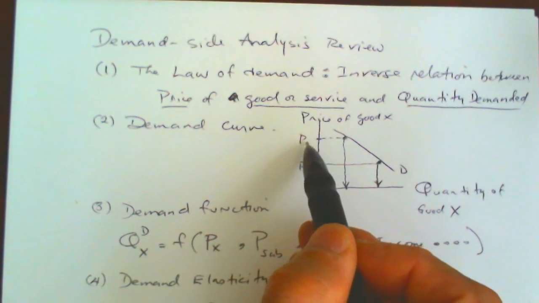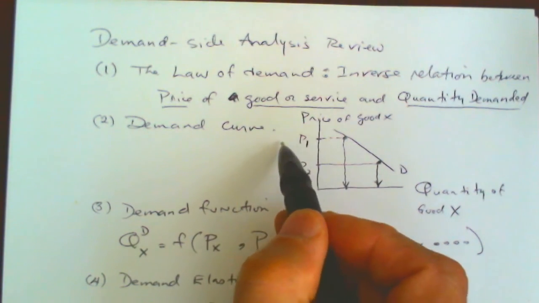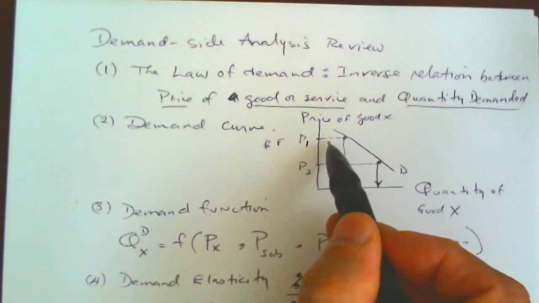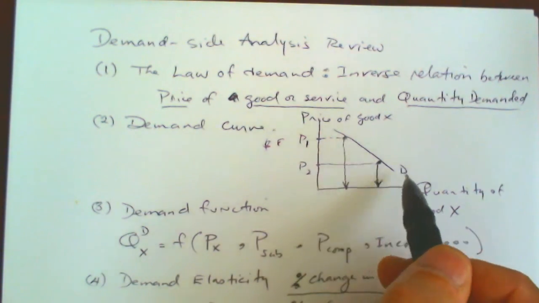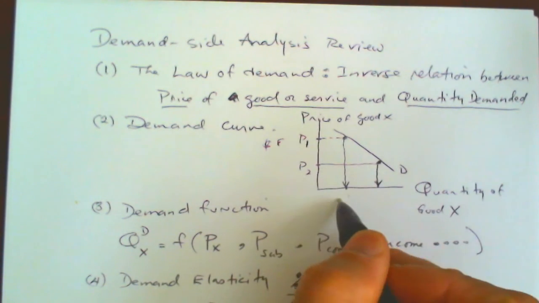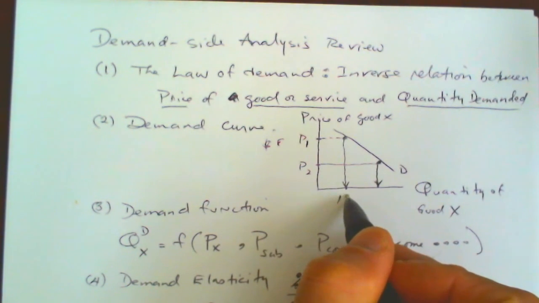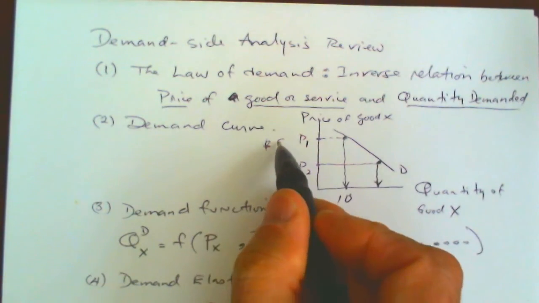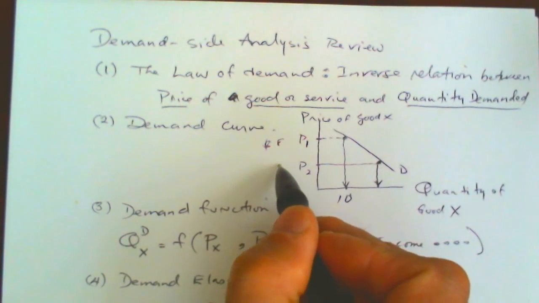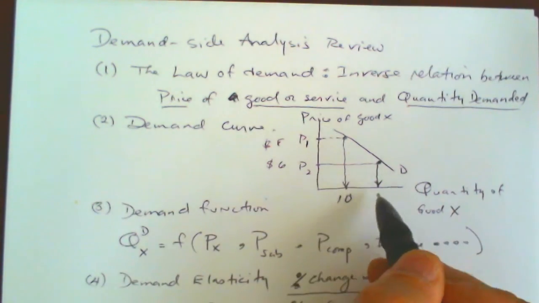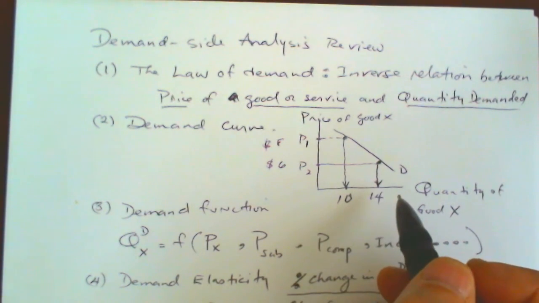So at P1, let's say $8, when you trace it to the demand curve, consumers are buying, let's say, 10 units. And when we drop the price to, let's say, $6, the consumers buy 14 units.